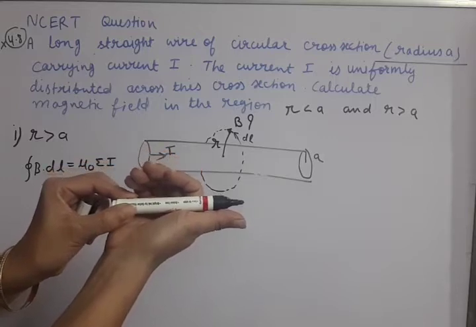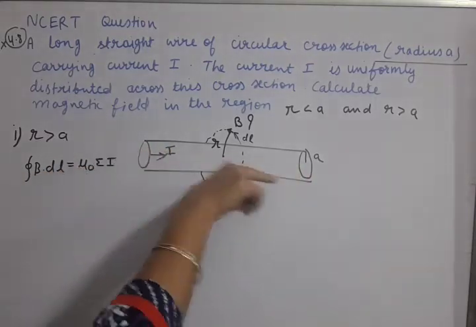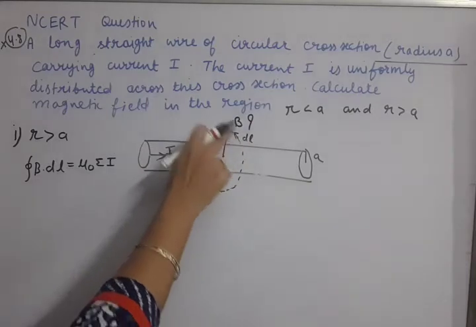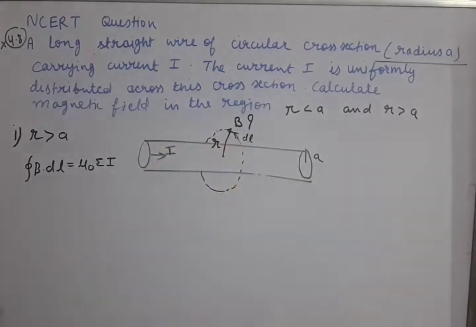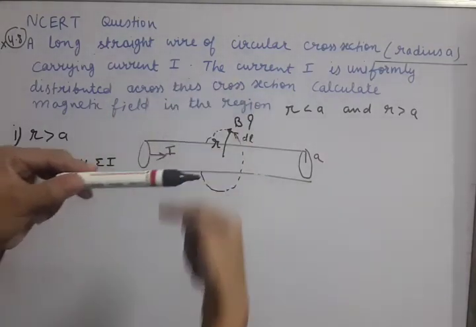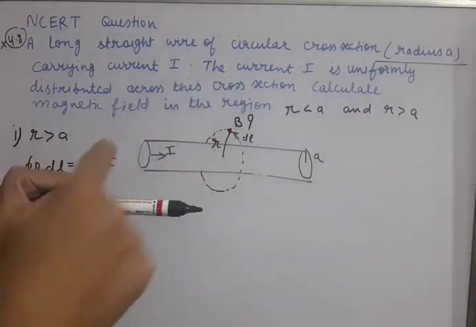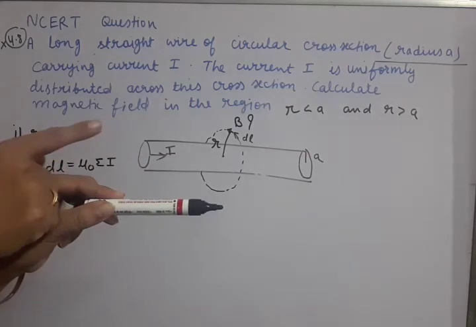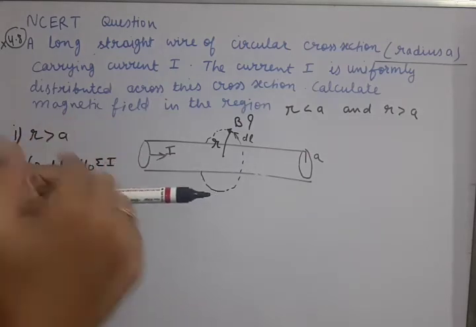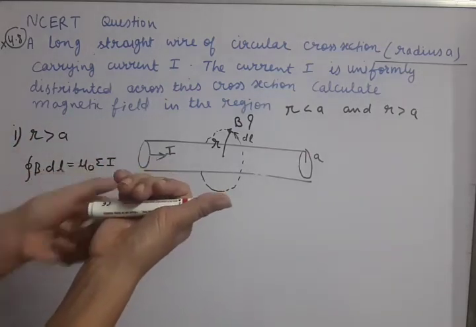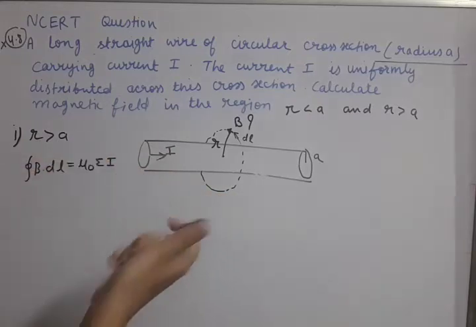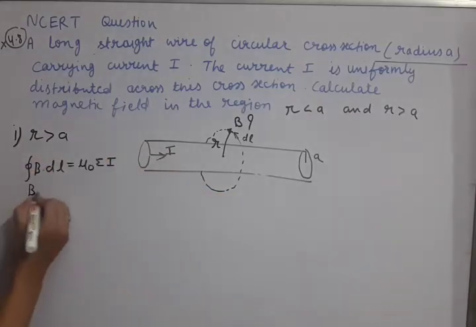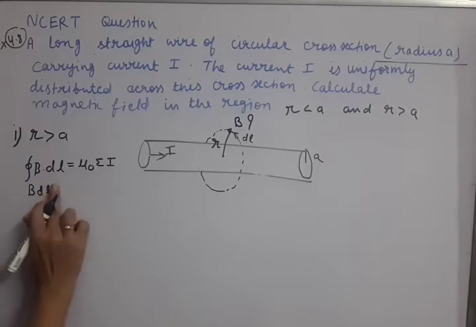So we can take the current direction this way also or this way also. But the point is that B and dl will be in the same direction. This is the circular loop. On this circular loop we have to take dl element and magnetic field also will be according to the right hand thumb rule around this loop only. That's why here we will write B dl cos 0.